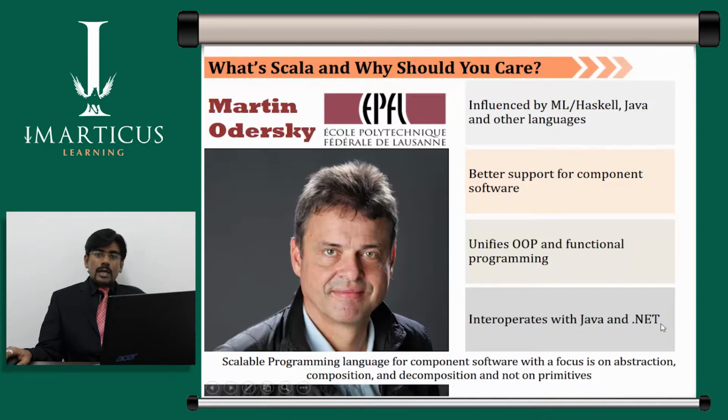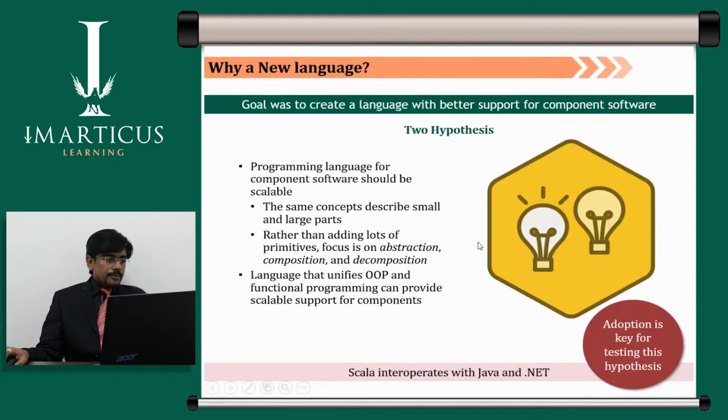It interoperates with Java and .NET both. So if you have some functionalities written in Java and .NET, it will interoperate between Java and .NET as well. It is a scalable programming language for component software with a focus on abstraction, composition, and decomposition, not on primitives. So these are the basics of Scala, which we need to understand here.